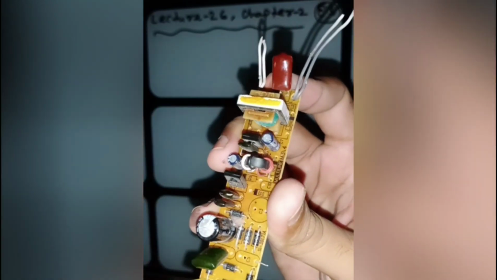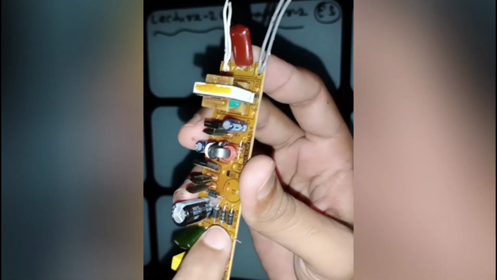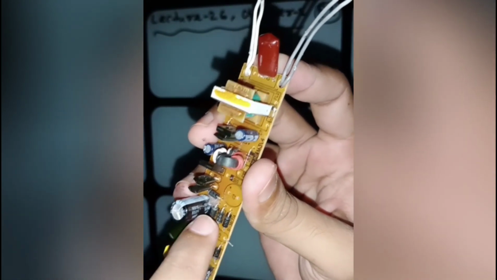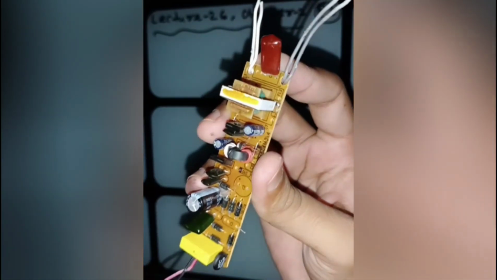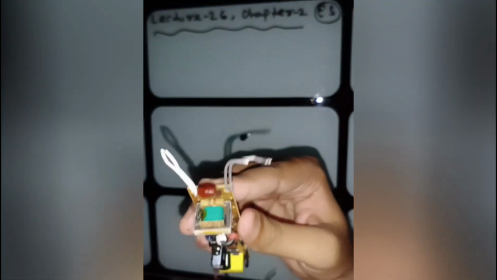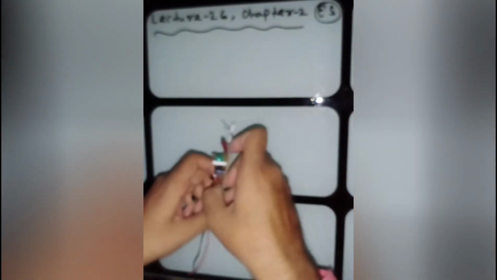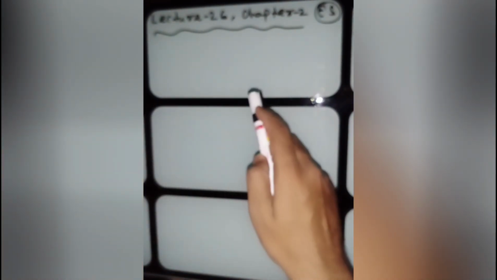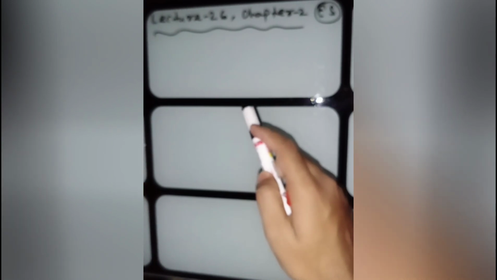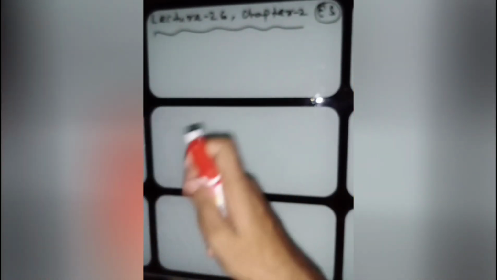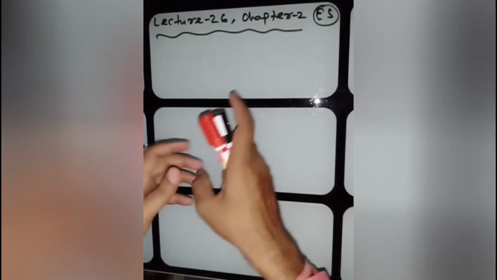And these are the diodes that you will study later in your course. This is the diode we will study. I hope I can preserve this circuit so that in future I will show you the diode also.